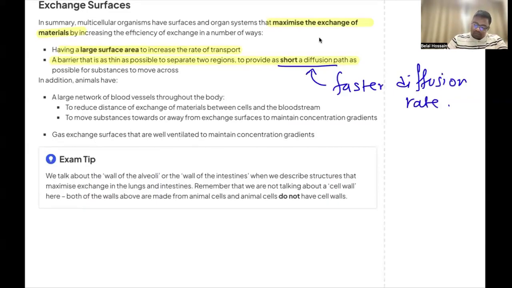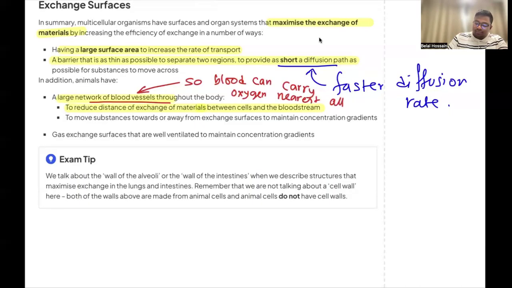Okay, now to reduce the distance of exchange of materials between cells and bloodstream, what do we have? We have a large network of blood vessels. So the large network of blood vessels has the only purpose so that blood can carry oxygen nearest to all cells in the body.